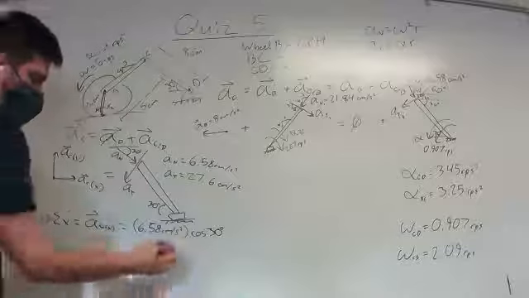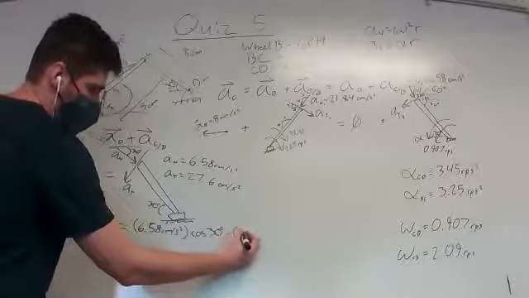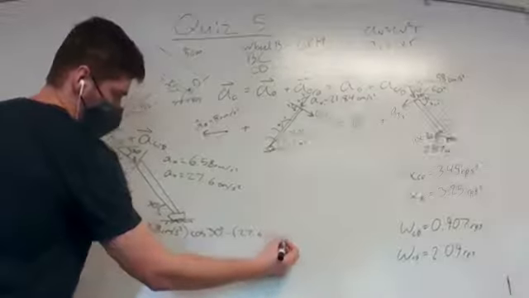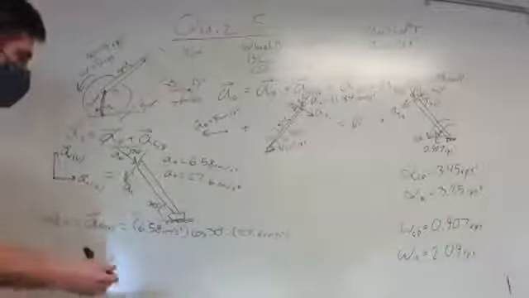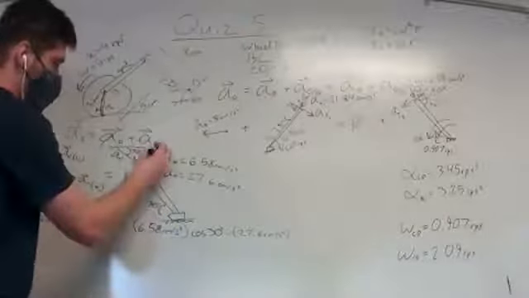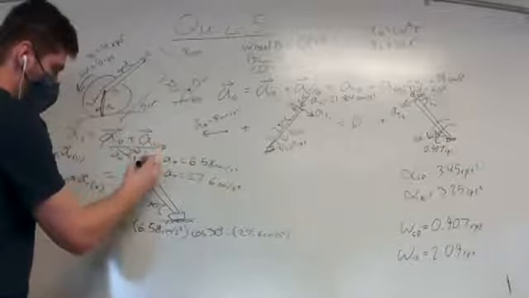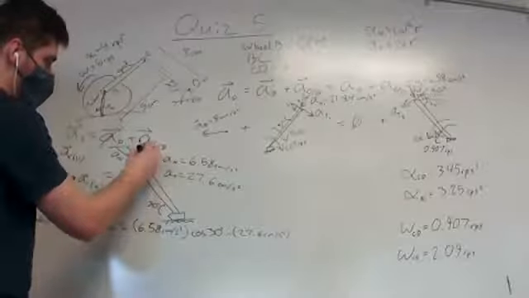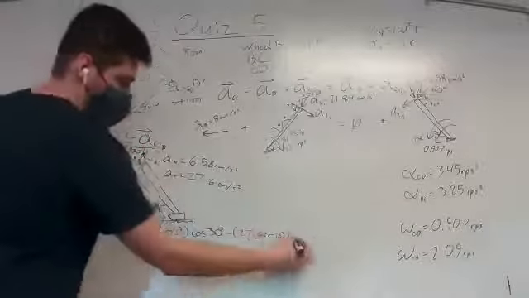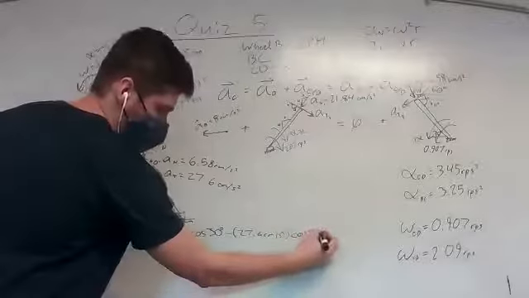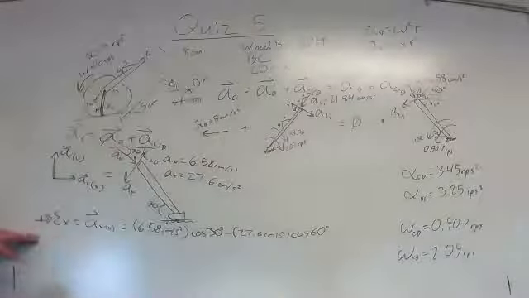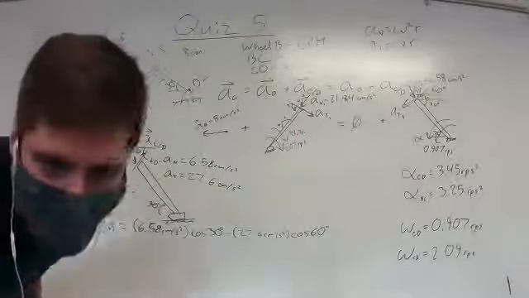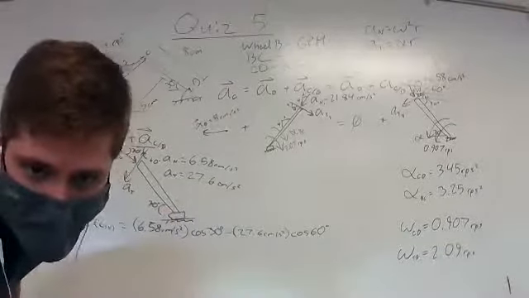Which we know from over there is going to be our A_N times cos 60 degrees, because A_C x, we have all the components we need to know.